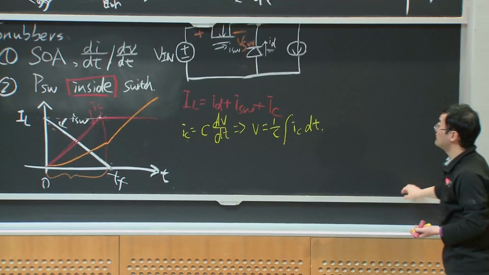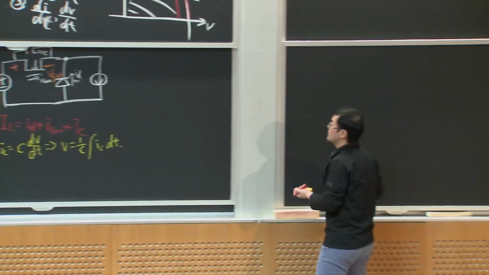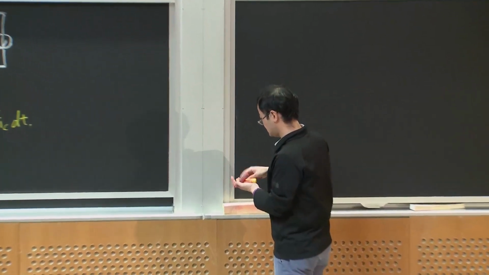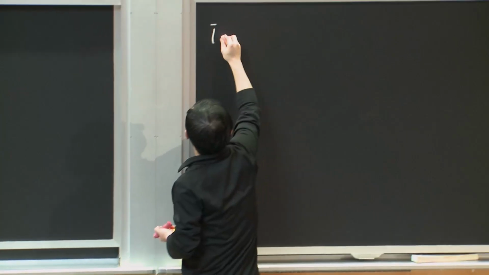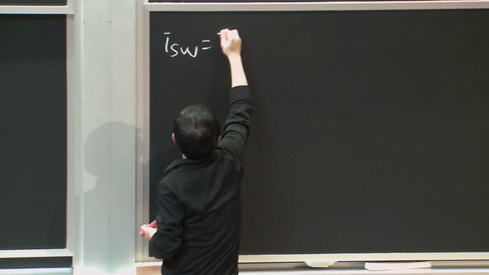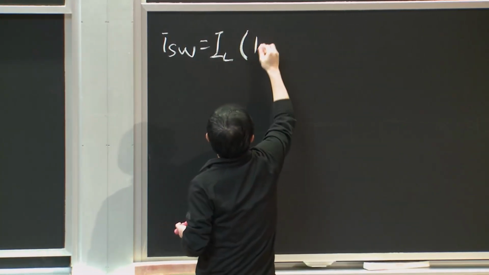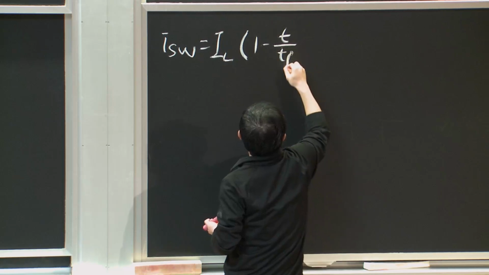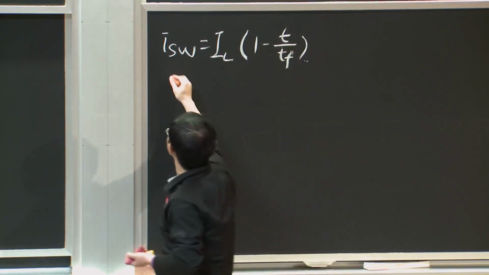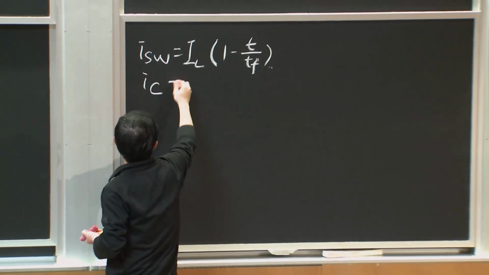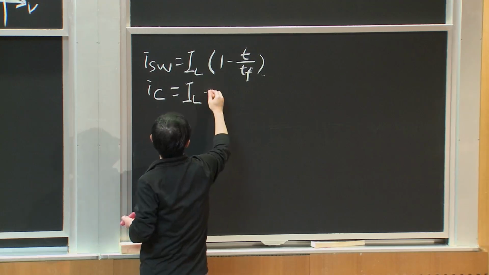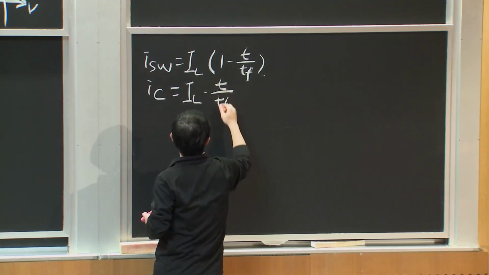So actually, we can have a calculation of this energy. Let's see, our switch current is IL times (1 minus t over TF). And correspondingly, our capacitance current will be IL times t over TF.